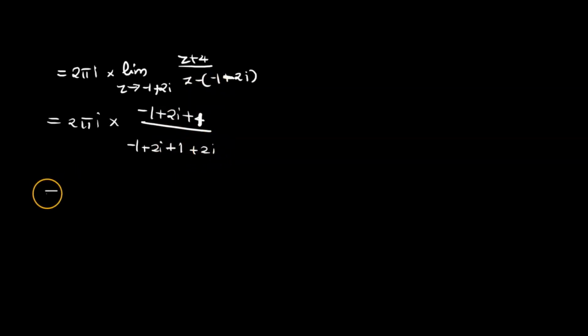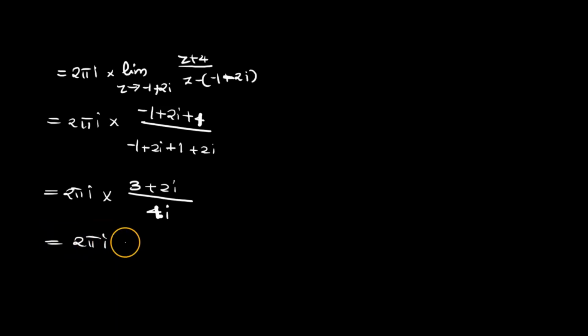So we get 2πi times (3 + 2i) divided by (−1 + 1 cancel) 2i plus 2i, that is 4i. So what we get is 2πi times (3 + 2i)/4i.